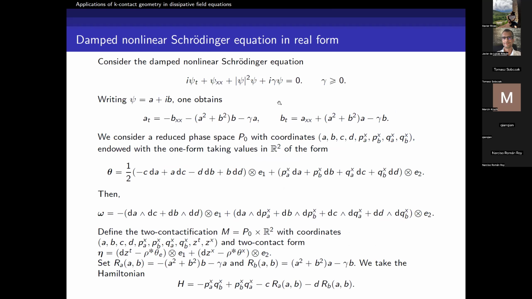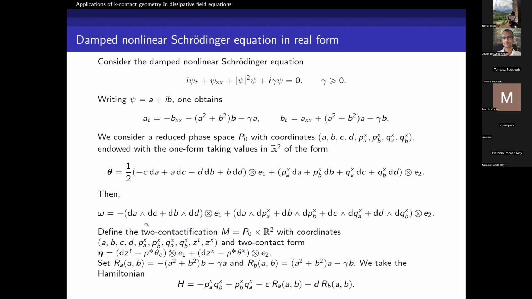Now the damped nonlinear Schrödinger equation in real form. We have an equation like this. Yet again, we can split it into two equations. Similarly, we have the coordinates. We can define the one form where this one is a Liouville one form and this one is a basic one.